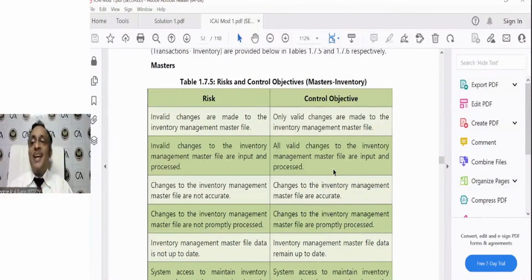Suppose, okay, let me ask you this question. Till today, I am buying an item of inventory from vendor A. From tomorrow, I'll buy that item from another vendor B. Vendor A is in a different city and vendor B is in a different city.